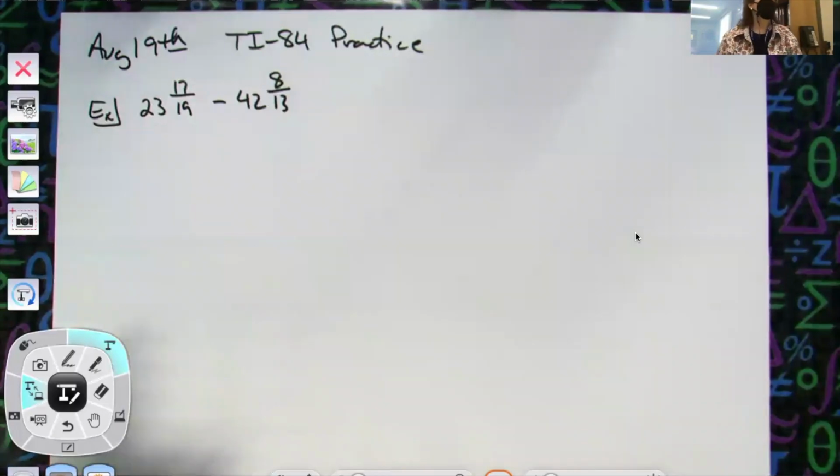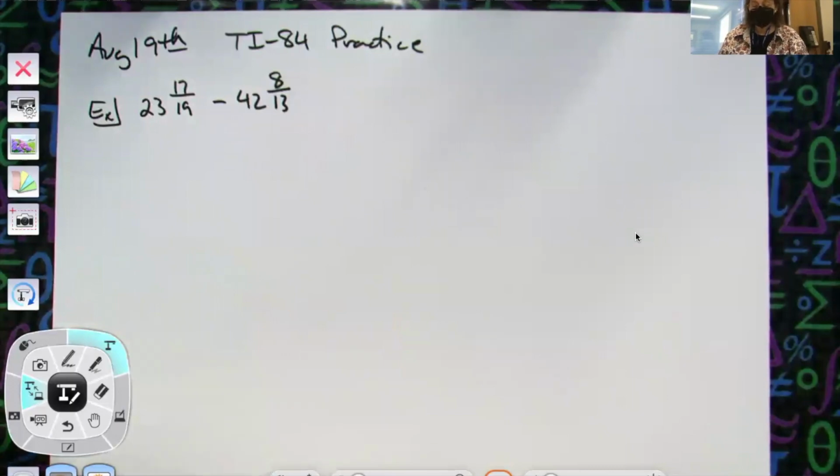And then take your graphing calculator. If you're in the room, you're physically using it. If you're at home, you are using your online version. And then use your fraction button and come up with the answer.